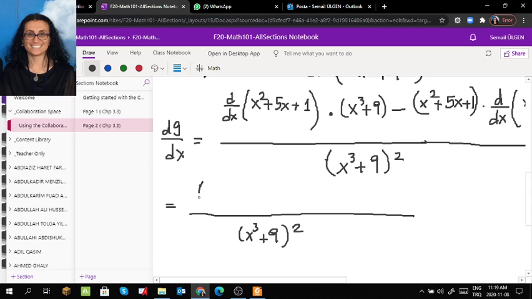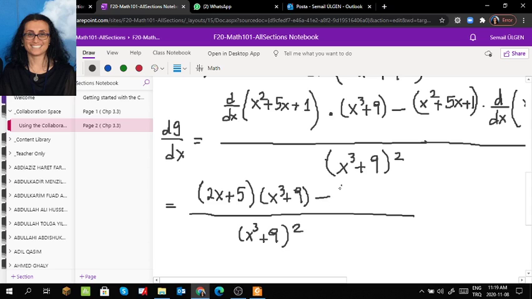So the numerator is 2x plus 5 times x cubed plus 9. Okay, so this is the derivative of x squared. Take the 2 in the front and decrease the power by 1, plus the derivative of x is 1, so we have 5 left. The derivative of a constant 1 is 0, so we don't write that here.